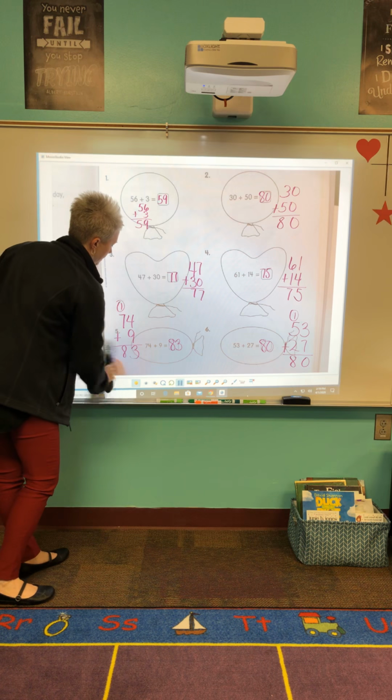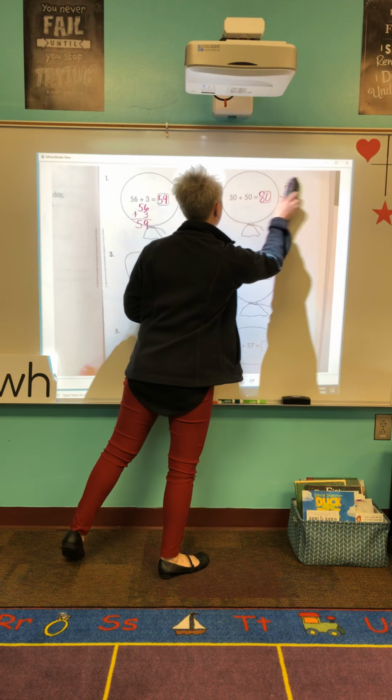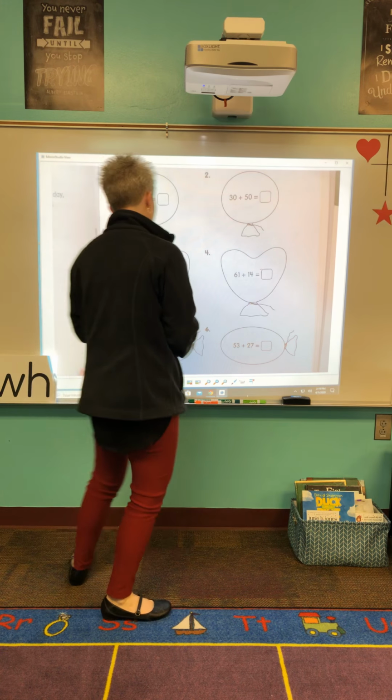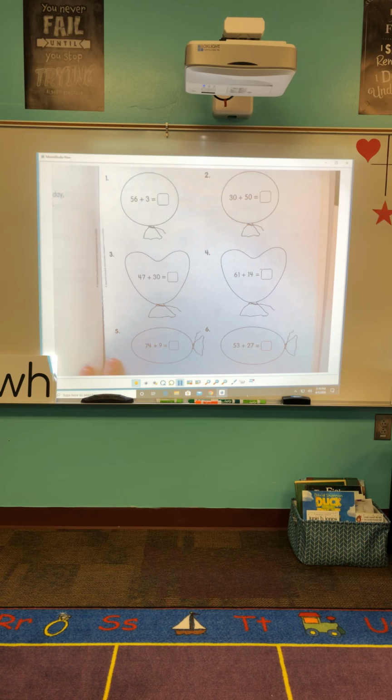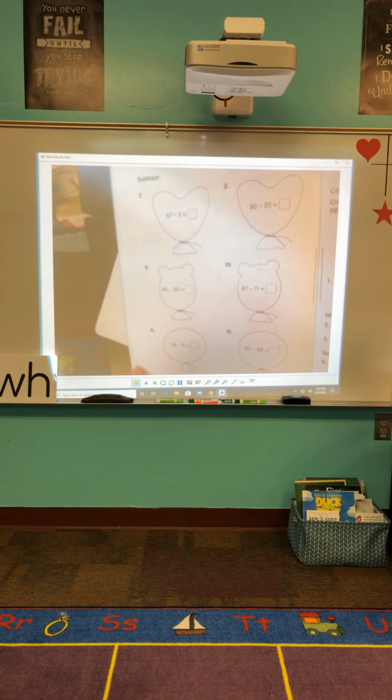All right, flip your page. Flip your page to 176. There we go.